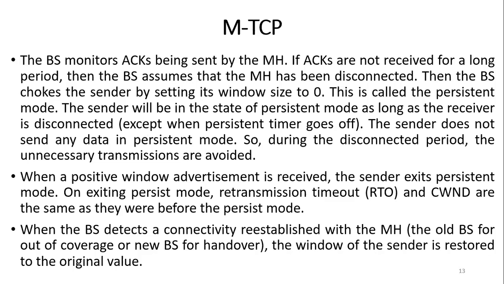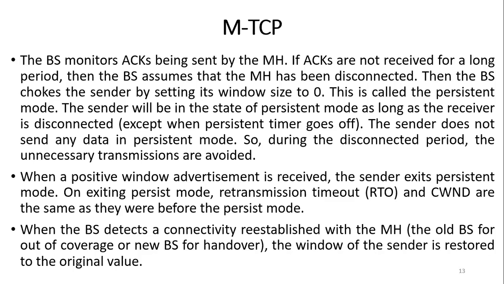Then the wireless link is taken care of this way. The BS monitors the ACKs, and when it finds that the ACKs are not received for a long period, it assumes that there is a temporary disconnection. So it chokes the sender. It advertises back to the sender that the window size should be made 0. You don't need to send anything.